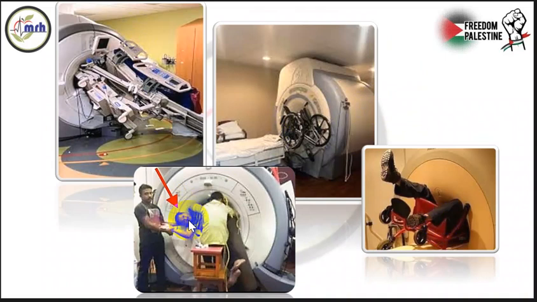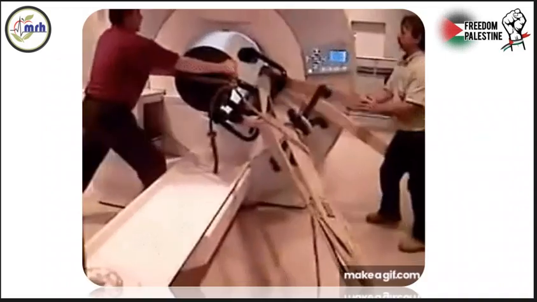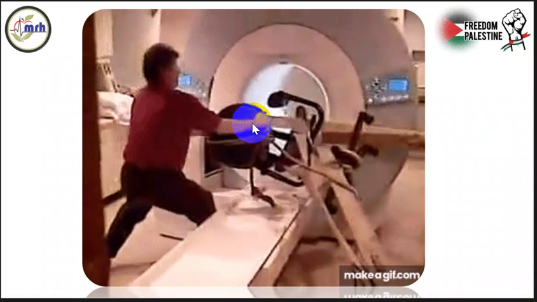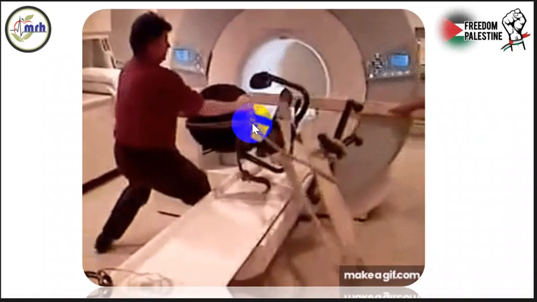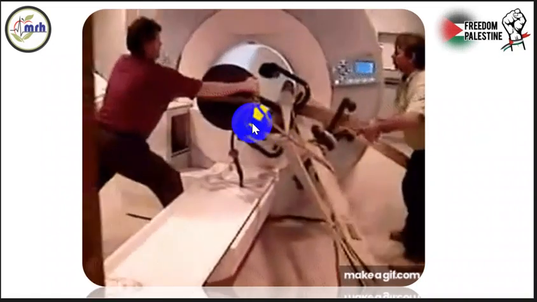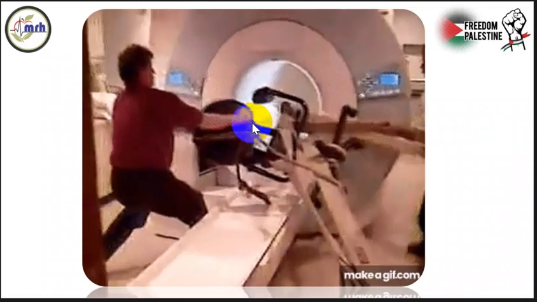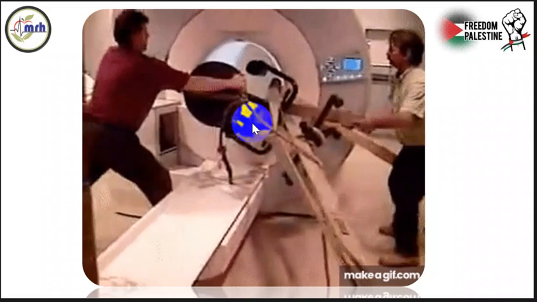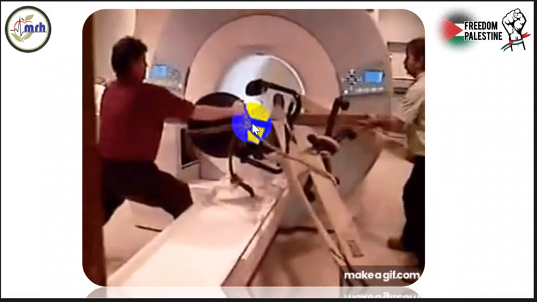This may injure the patient, even be fatal for him, and the problem is this will destroy the machine itself. We can't remove these devices, as you see, with any power. We have to dismantle the machine, which may cost millions of rupees or several thousands of dollars to get the machine working again.